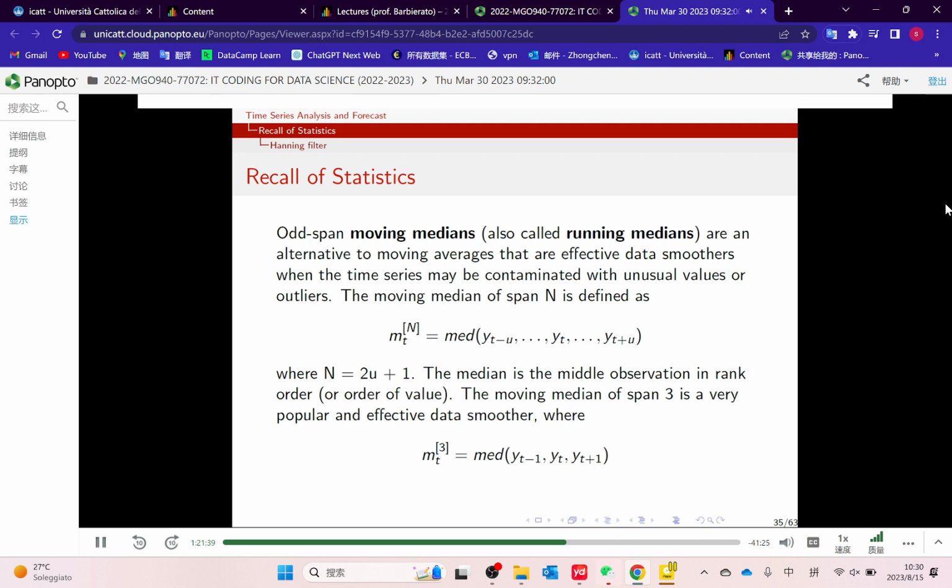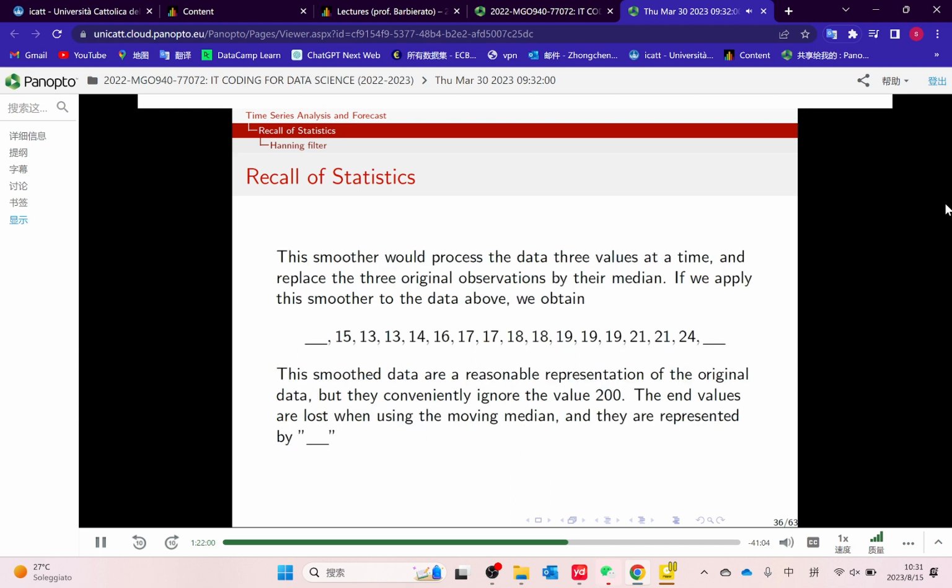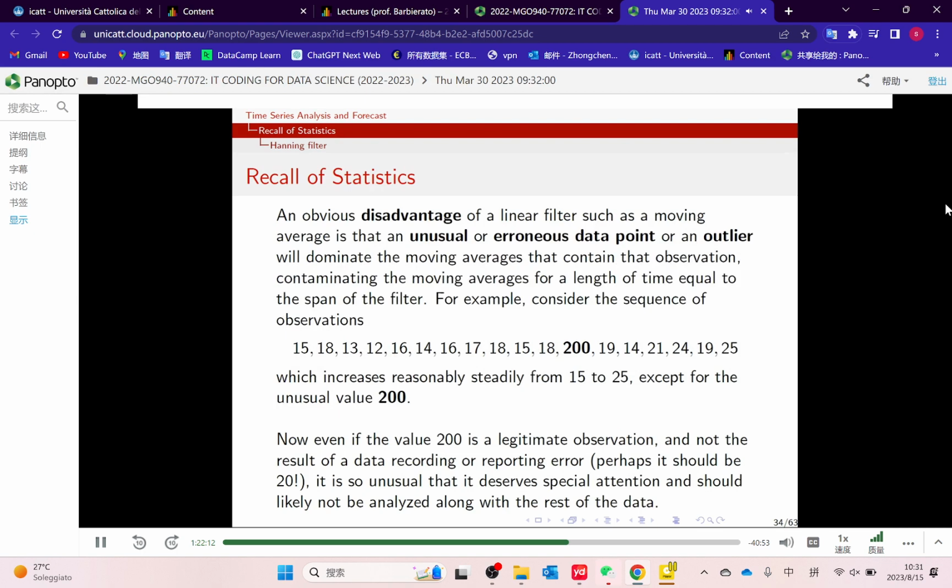And you apply it exactly in the same way you apply the moving average. This would be the moving median. The N you see here is just the dimension of your span. M stands for median, obviously. It will be calculated exactly as we saw before for the average. The principle is the same. So if you just apply a median as a smoother, you would have this sequence of numbers for the case that we saw earlier, which is this one.